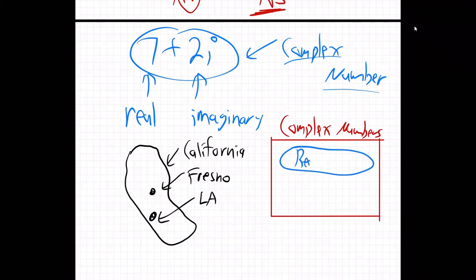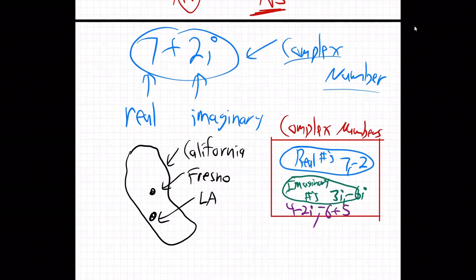We can have real numbers, and that'd be like 7 or -2 or whatever. And then we can have imaginary numbers, like 3i, -6i, right? And then we can have numbers out here that are like 4 - 2i, and -6 plus 5i, etc. How are we doing?